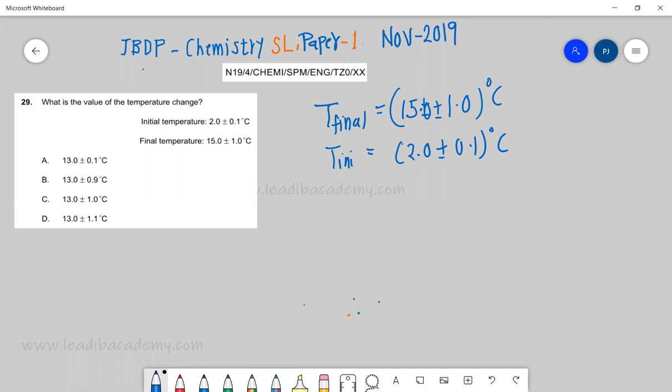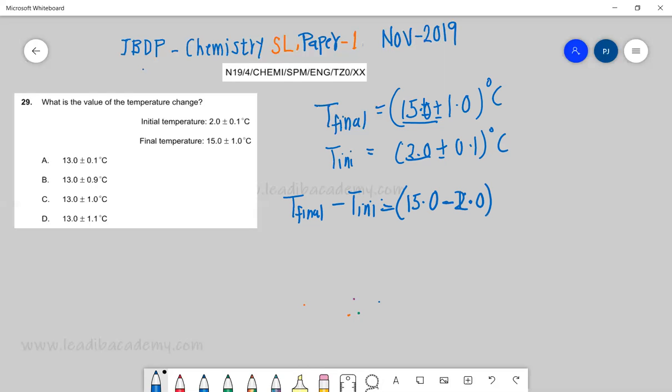They are asking what the temperature change will be. That means T final minus T initial, so we subtract: 15 minus 2.